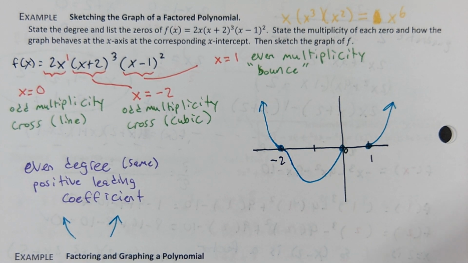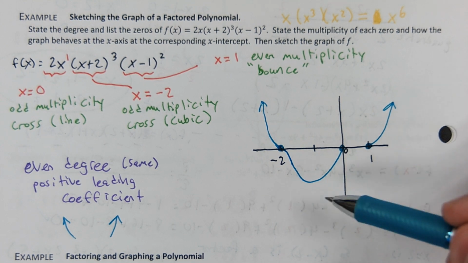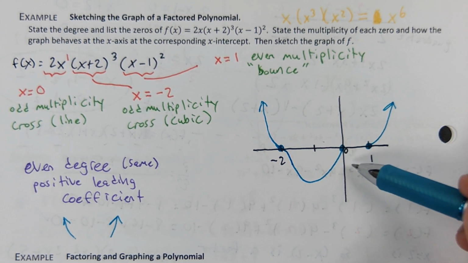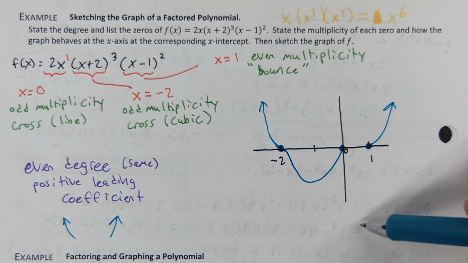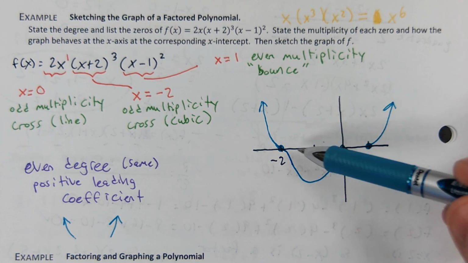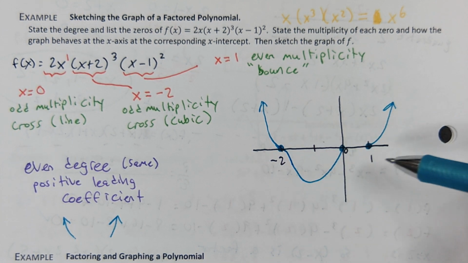It's not important. You want to know how far down? Plug in some numbers between 0 and -2. But please don't waste your time. Nobody cares. The point is you are going to have to come back up eventually to get to this x equals 0. Does that make sense? That's also why I didn't put any numbers on my y-axis, because we don't care. We're just getting the general shape in mind. That's all we're doing right now.